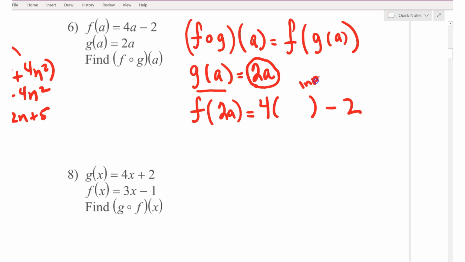Now the input is not a number, it's an expression, in this case 2a. So you have 4 times 2a gives you 8a minus 2. So this will be f composition of g of a.